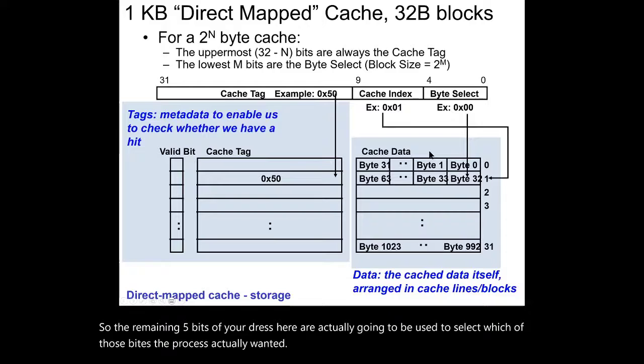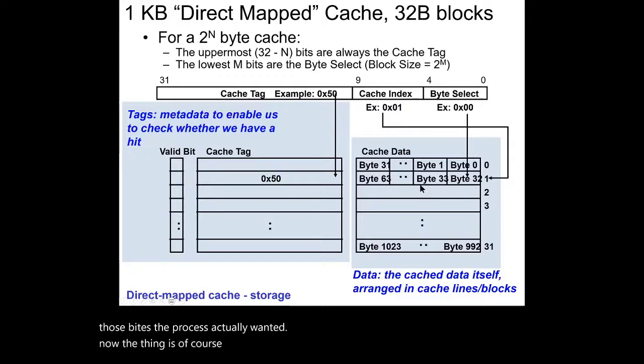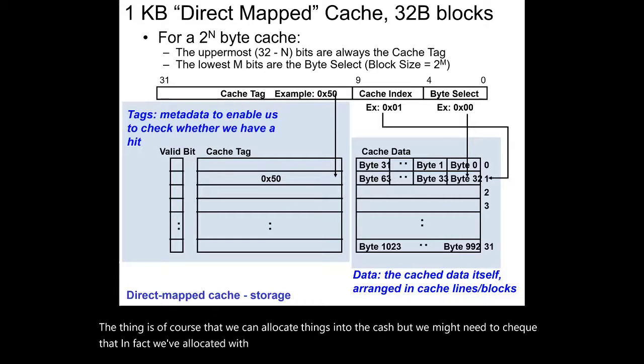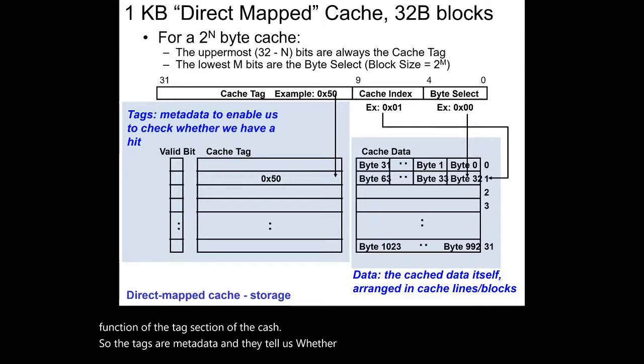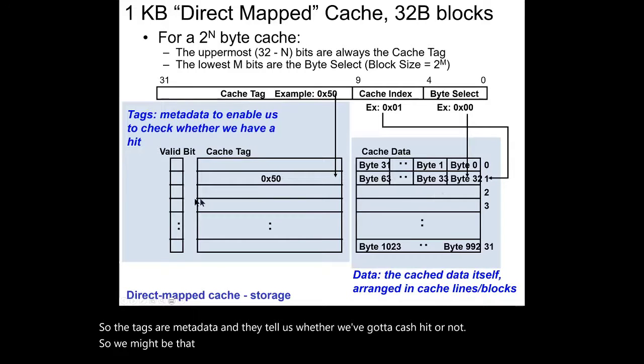Now the thing is, of course, that we can allocate things into the cache, but we might need to check that in fact we've allocated, that the thing we're looking for is actually there. And that's the function of the tag section of the cache. So the tags are metadata, and they tell us whether we've got a cache hit or not. So it might be that a whole line, a whole row here, is marked as invalid.